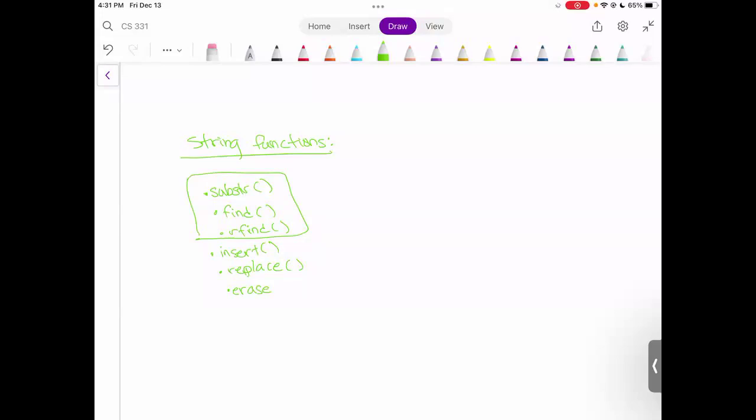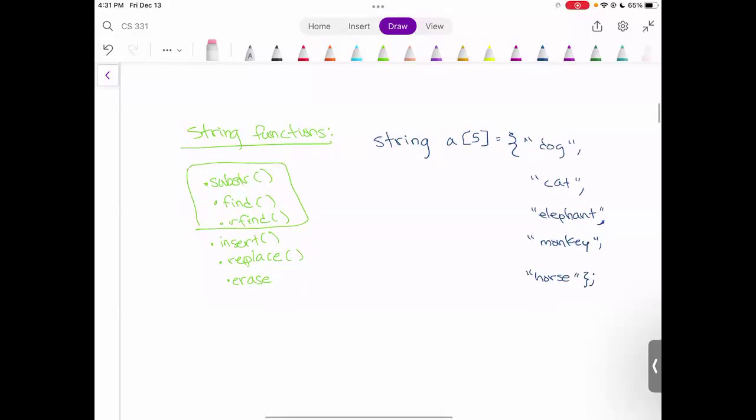Yeah. So if I give you, and I say dog, okay, I give you this array of strings.